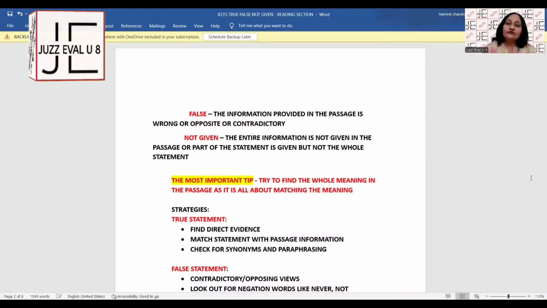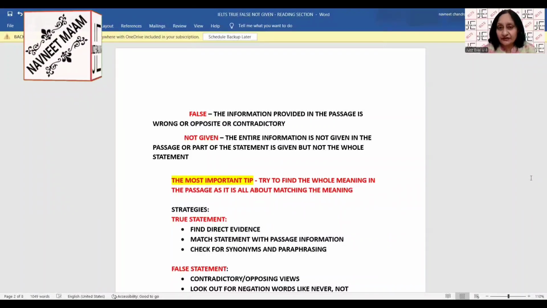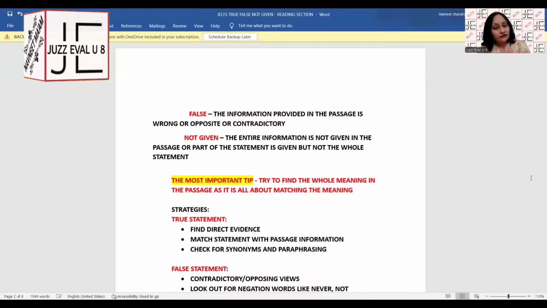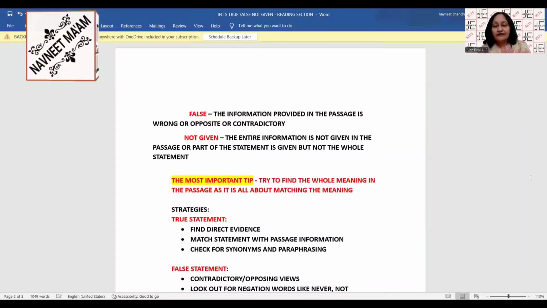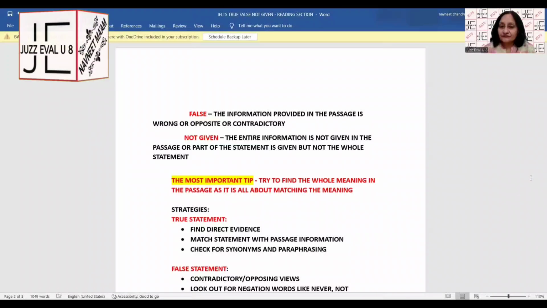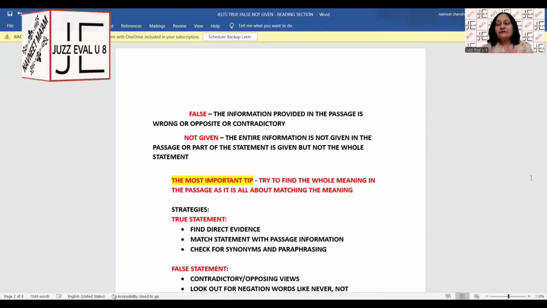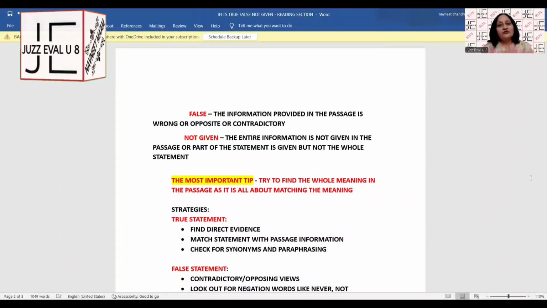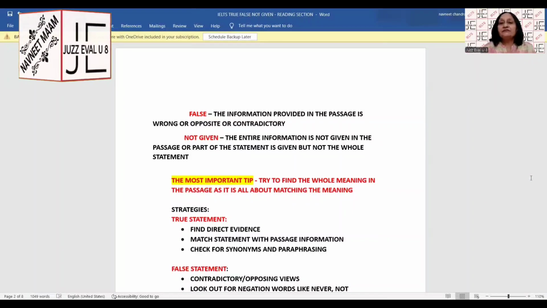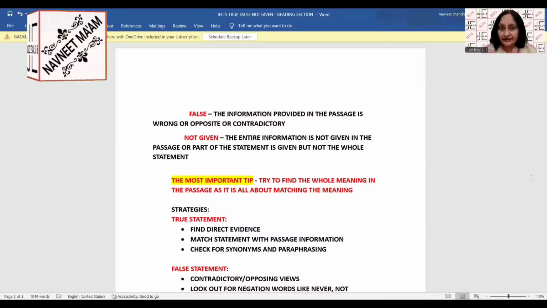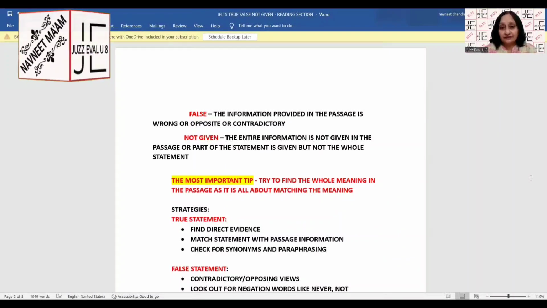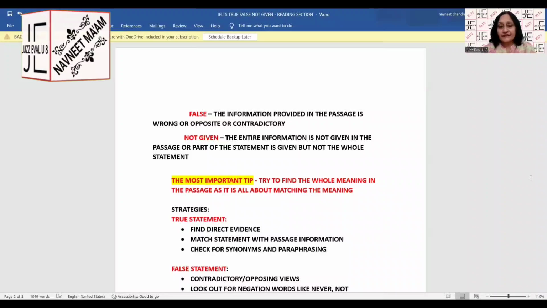But yes, in some questions, you need to read the entire passage. But here, you just need to read the question, understand it, go to the passage, and just skim and scan and see where you can find the same information.